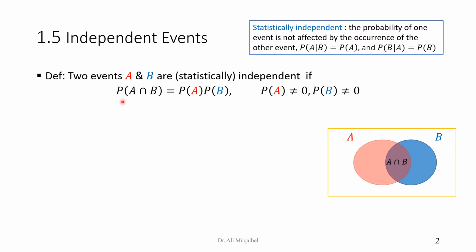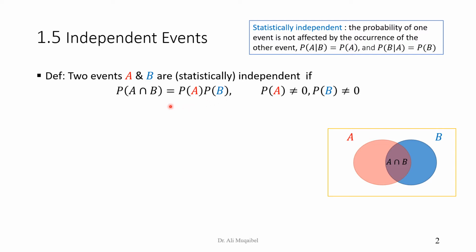So the mathematical condition is that if the probability of the joint event, the intersection, equals the multiplication of the individual probabilities, then we say that the two events are independent. So the probability that you choose blue and your brother chooses a blue t-shirt, the joint, if it equals the multiplication of the individual probabilities, that your brother chooses blue and you choose blue, then we say that the two events are independent.